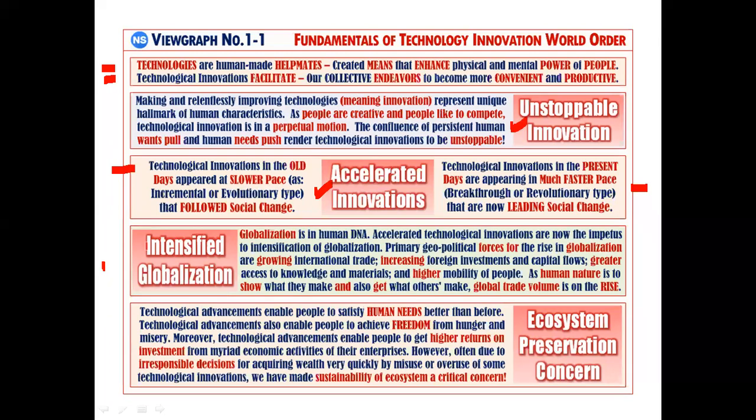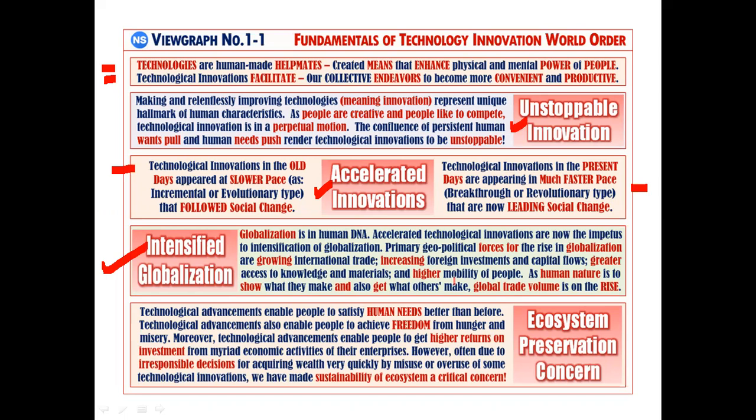Next point I want to talk about is the globalization issue. Globalization is in human DNA. Accelerated technological innovations are now the impetus for intensification of globalization. And again, I'm going to point out one thing, that as human nature is to show what they make and also to get what others make, global trade volume is rising.